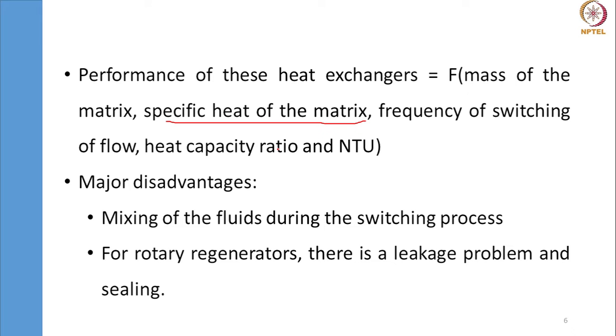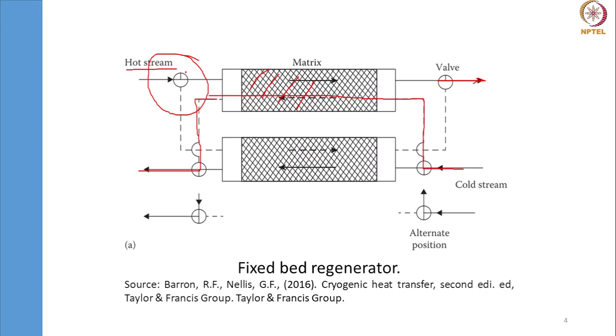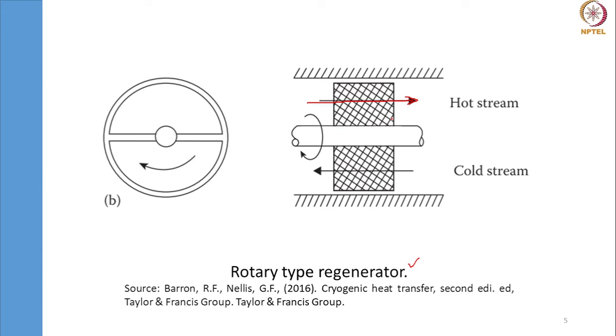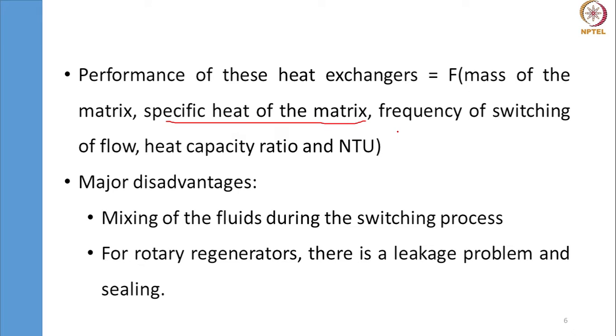Also, the frequency of switching of flow, that means for how much time the hot fluid should pass over the matrix, and for how much time the cold fluid is going to pass over that same matrix. So this frequency also matters, in addition to other known parameters such as heat capacity ratio, that is C min by C max, and also the number of transfer units of this heat exchanger.